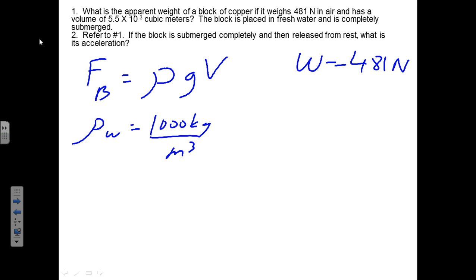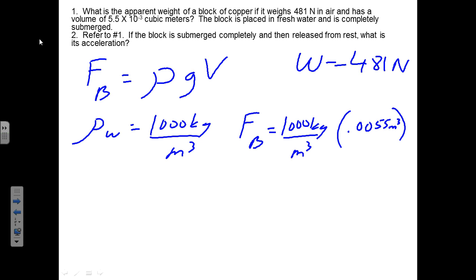So here's the thing. We're going to try to find the buoyant force. So buoyant force equals the density of water, 1,000, times the volume of water displaced, which is going to be the volume of our block, 0.0055 meters cubed.